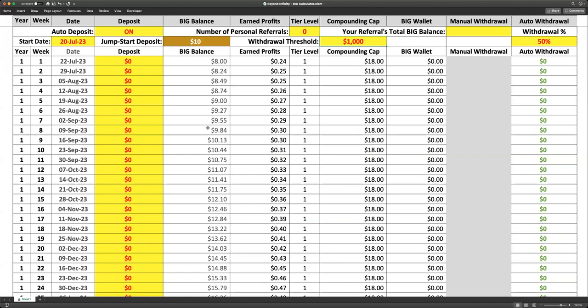You're saying that once my big wallet reaches $1,000, here's what I want you to do. I want you to take 50% of it and move it to my internal wallet. The other 50%, I want you to redeposit it. So that's what those two fields are. You're telling the calculator how to process your money. And again, the real processing works the same way.